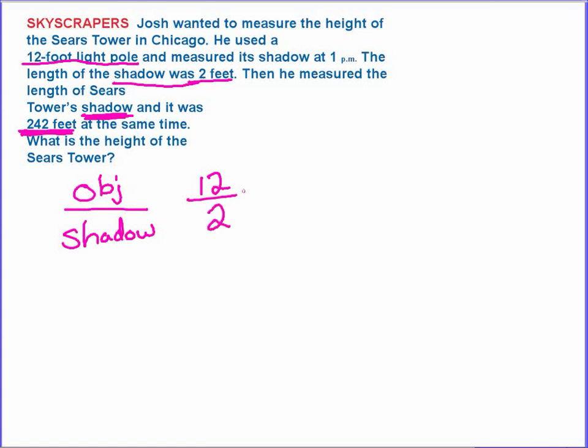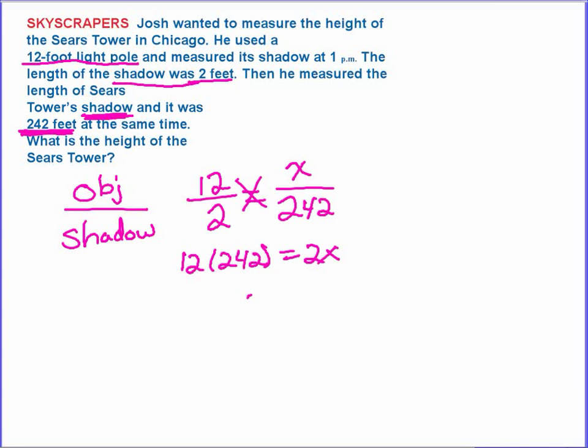That's equal to, and we don't know the height of the Sears Tower, so we're going to make it x, but the shadow was 242 feet. We're going to cross multiply. 12 times 242 is equal to 2x. And it comes out that x is equal to 1,452. So the Sears Tower is 1,452 feet tall.